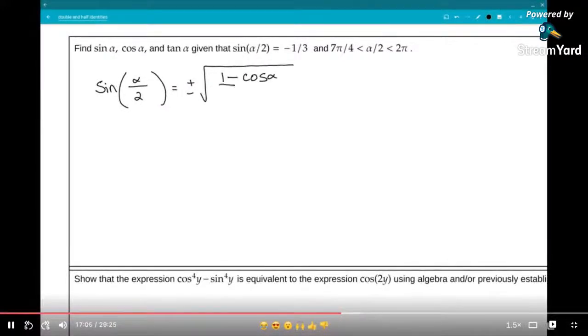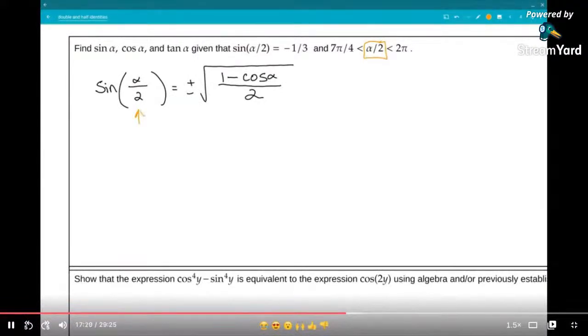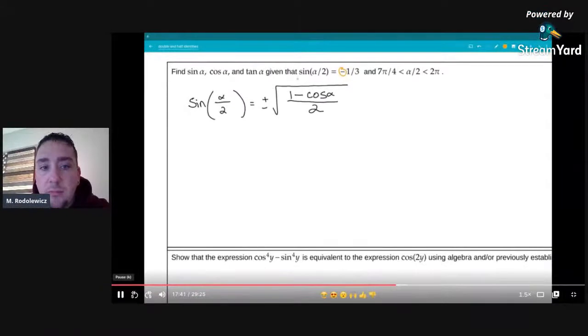Again, you can copy those from your book. And what I'm stressing here is that the half angle is, I lost my track here.